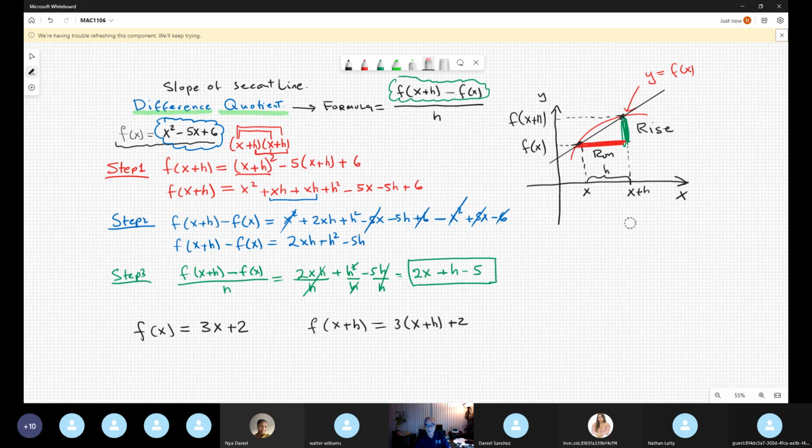You apply the distributive property, 3x plus 3h plus 2. Cool. Now you subtract the original function: 3x plus 3h plus 2 minus 3x minus 2.